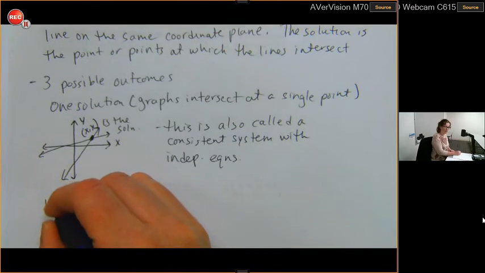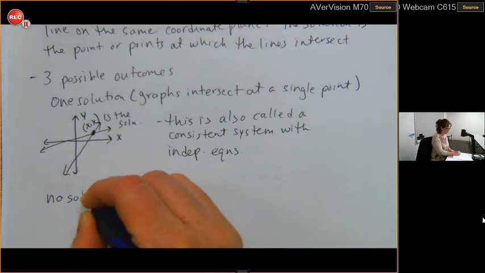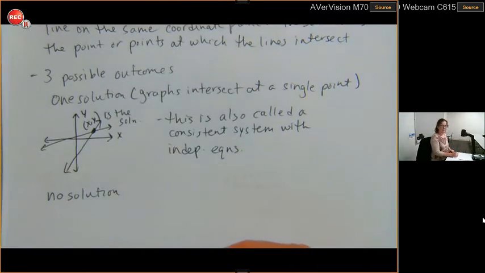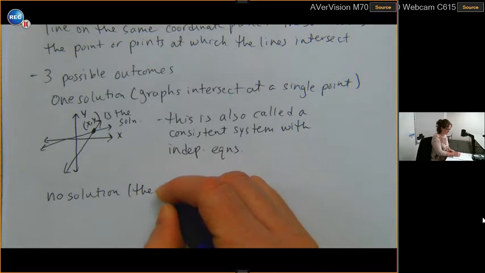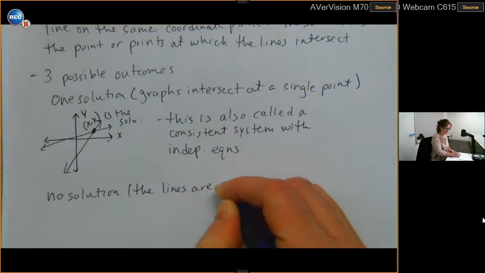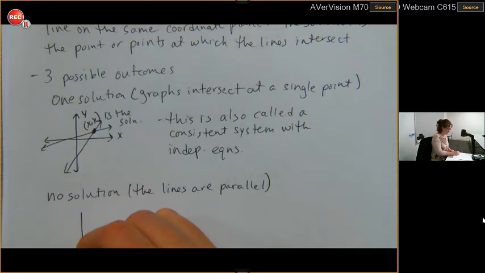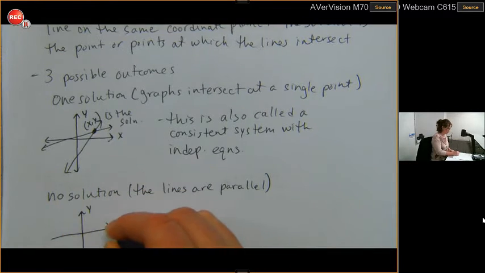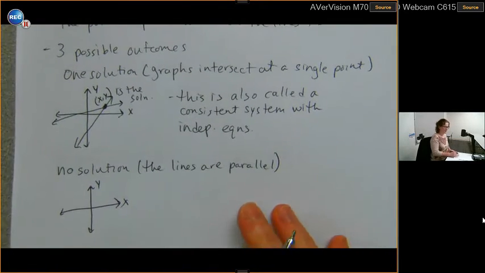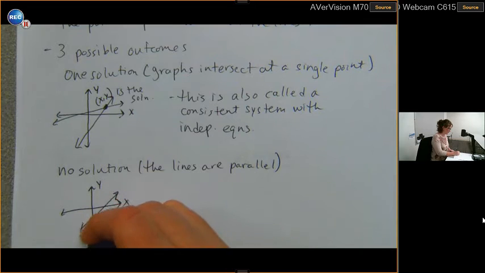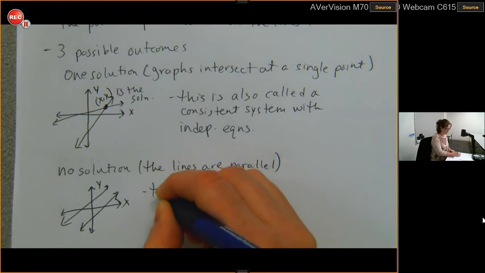We could have also no solution. To have no solution, that means that the lines do not intersect, which is called parallel. On a graph, it'll look something like this. You graph one line, you'd graph the other line, and you would see that they're parallel lines.